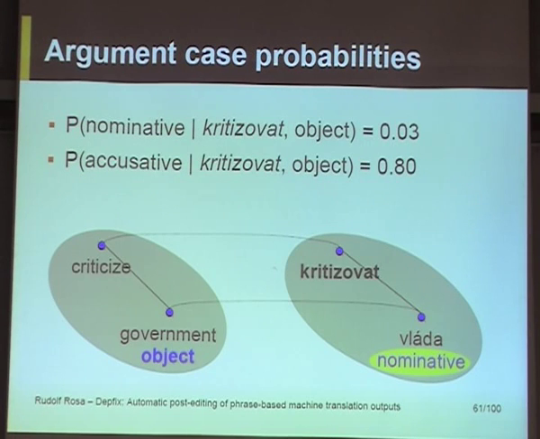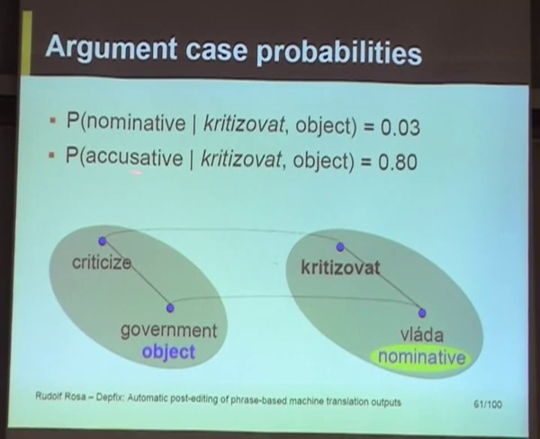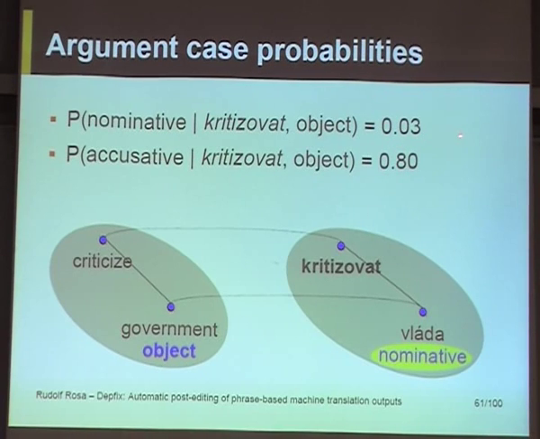What we get is that here, if the head is kritizovat and the function should be object, the estimated probability that the argument should be in nominative case is only 0.03, whereas the estimated probability of the argument being in accusative is 0.8.